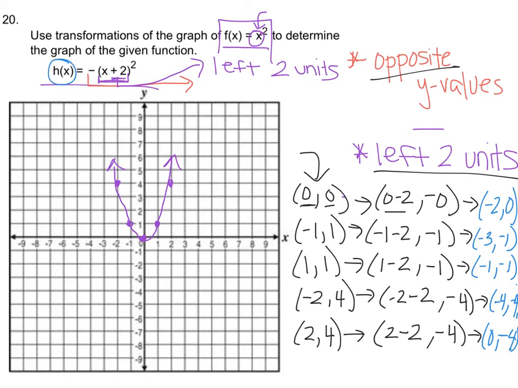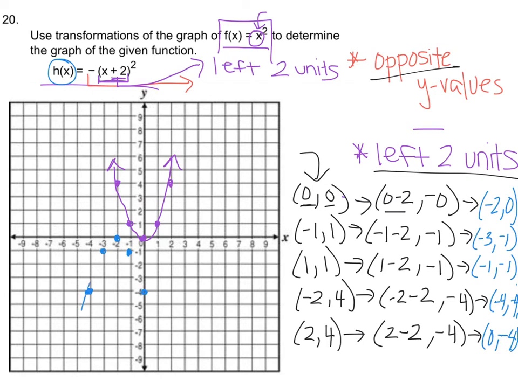So I'm just going to plot these new ordered pairs. I have (negative 2, 0), (negative 3, negative 1), (negative 1, negative 1), (negative 4, negative 4), and (0, negative 4).